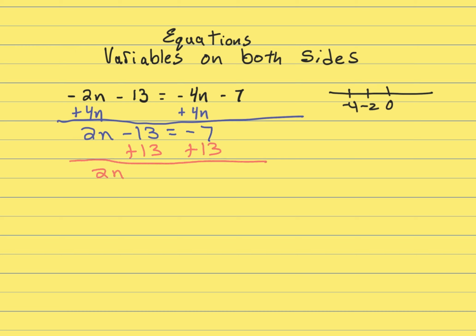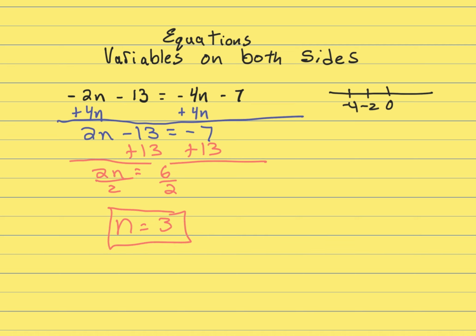That gives us 2n is equal to negative 7 plus 13. If you have to get out your calculator, take the absolute values, the bigger one minus the smaller one, and you end up with 6. We still have to solve for n, so we're going to divide by 2. That leaves us with n is equal to 3.